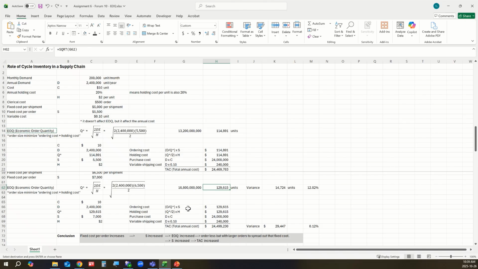That's why the order quantity, instead of 114,891 units, is now 129,615 units, and it increased by 12.82%.